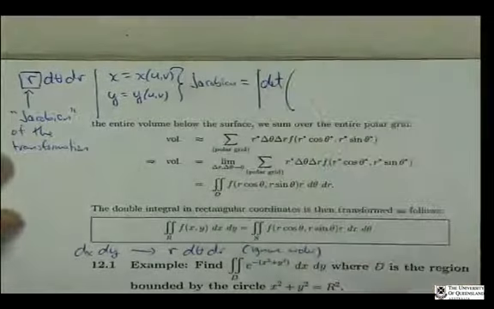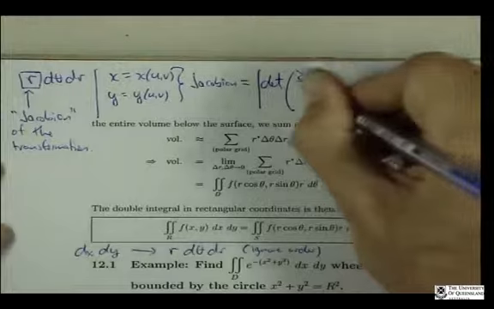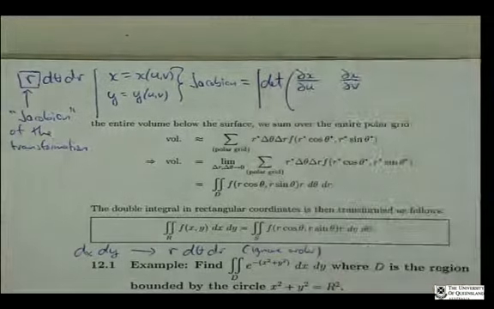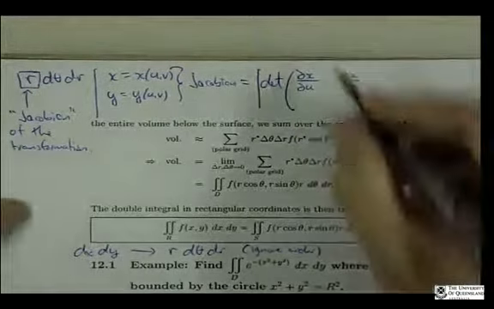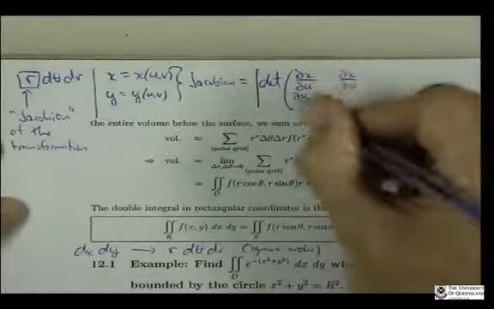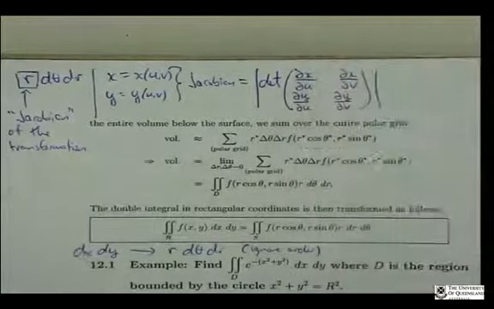Okay, but the Jacobian, in this case, given these two functions, these variable transformations, works out to be the determinant of a 2 by 2 matrix, where in the first row we have the partial derivatives of x with respect to u and v, and in the second row we have the partial derivatives of y with respect to u and v in that same order.